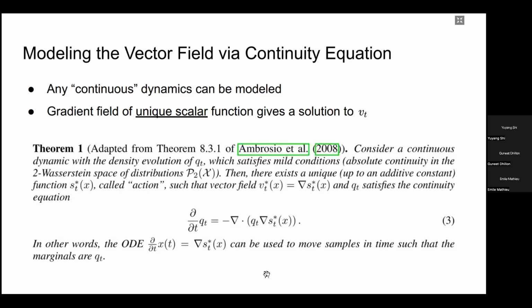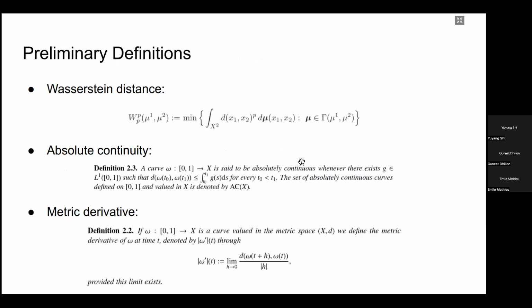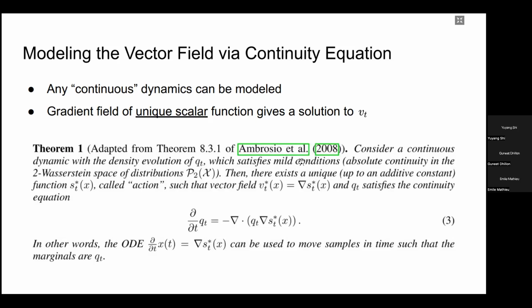So now back to the paper. What they're proposing to do is, say we are concerned about learning this vector field V that can be used to solve for these samples using this ODE, and then this dynamics of samples will give this evolution of the distributions given by the continuity equation. And so what kind of vector field will we want to learn, and what kind of dynamics can be modeled?